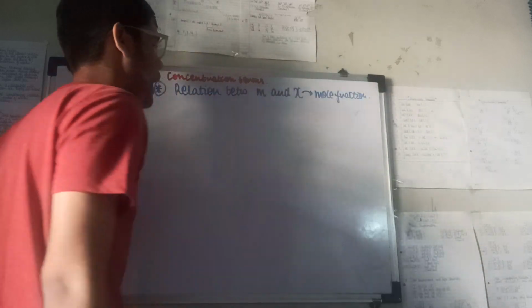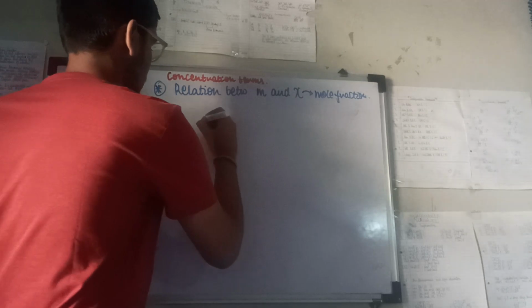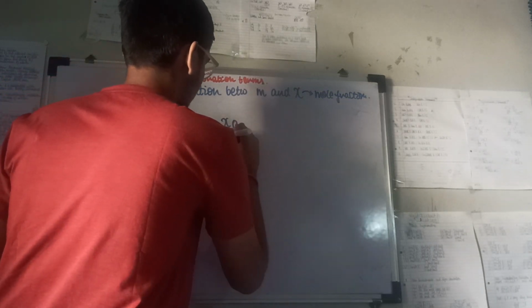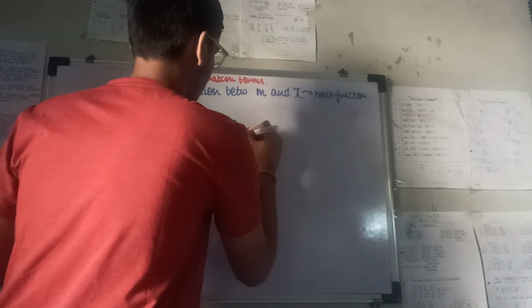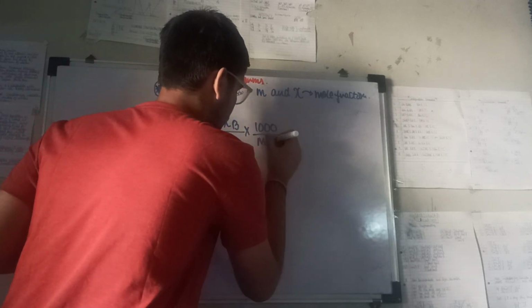Relation between molality and mole fraction. What is the relation? Small m is equal to chi b by chi a into 1000 by Mwa.